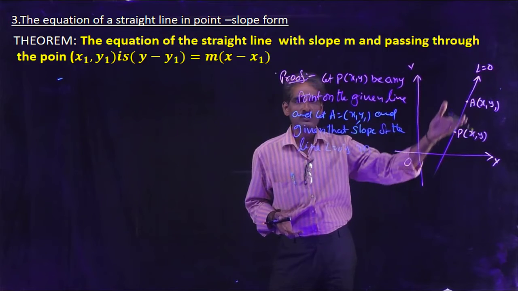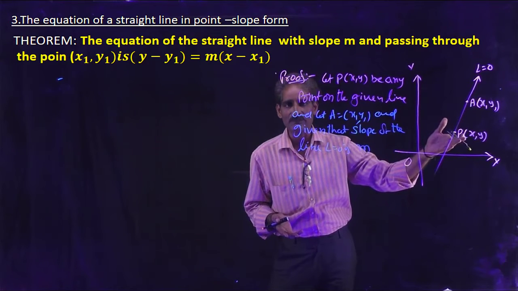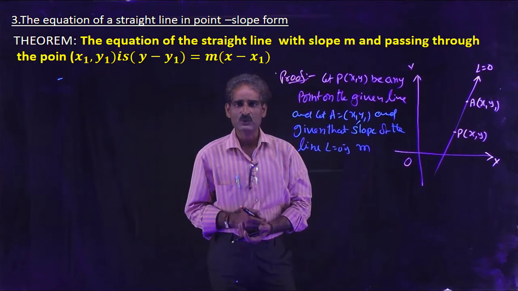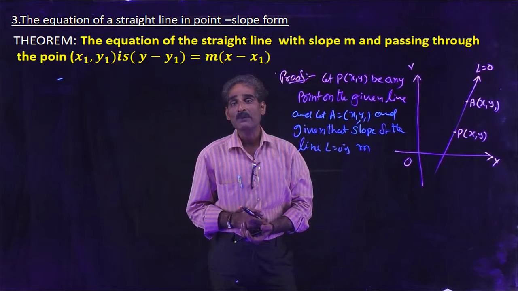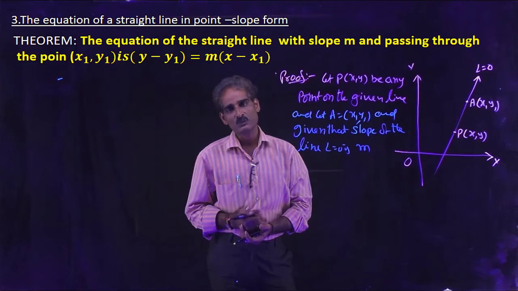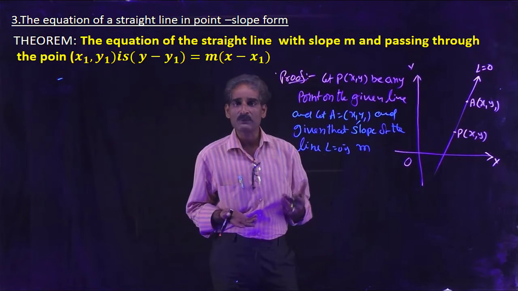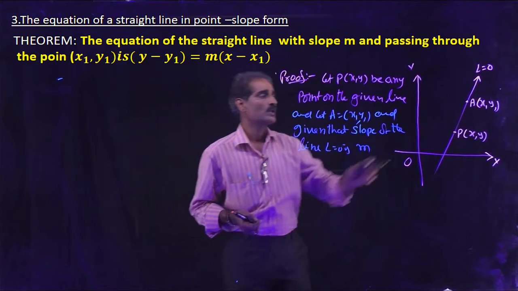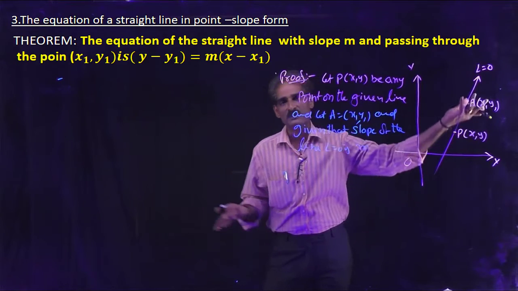So we can find the slope of the line by using the two-point formula. See, if you know two points (x1, y1) and (x2, y2) on the line, what is the slope? y2 minus y1 by x2 minus x1. That is equal to the slope of the line. Already given that the slope of the line is m. Now m is equal to y2 minus y1 by x2 minus x1.